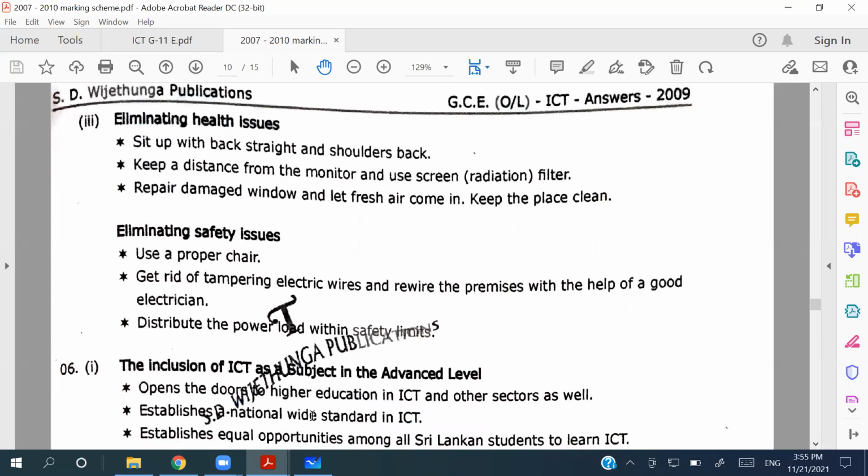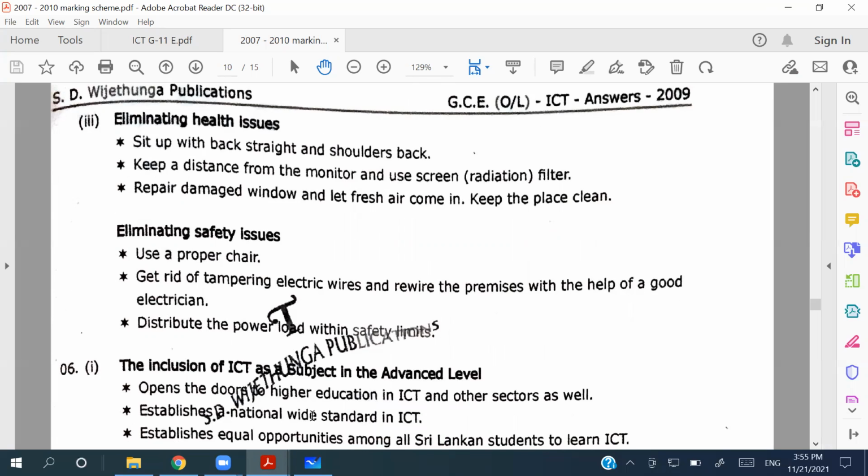At least we could reduce the interference of a number of devices through the wires, right? Distribute the power load within safety limits, right?